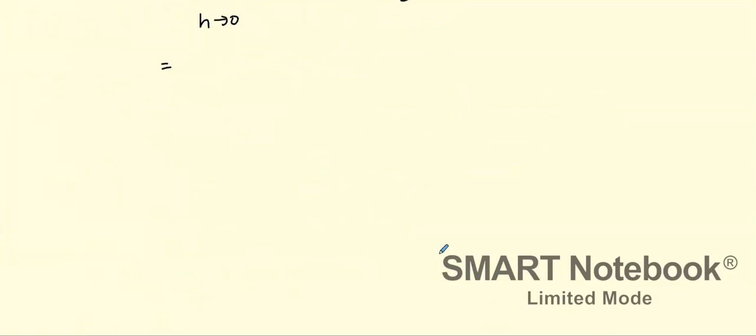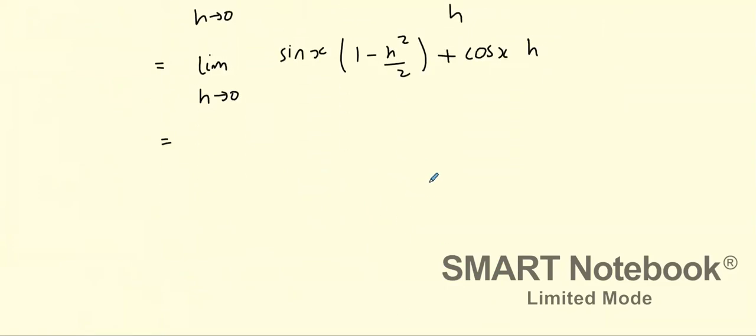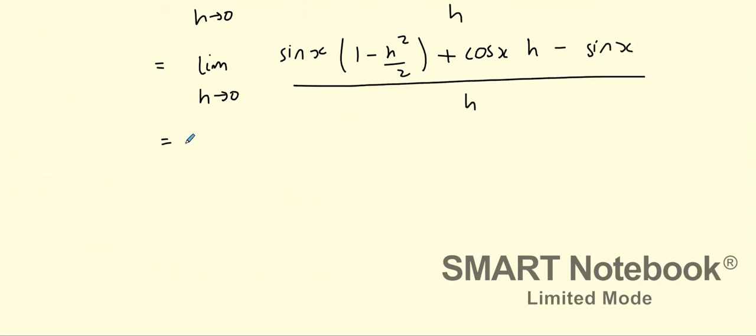At this stage, I still need to have minus sine x, and it's all over h. And I need to expand and simplify the limit as h tends to 0.